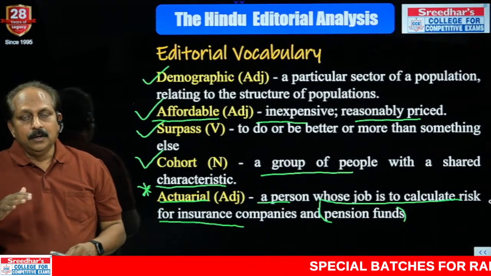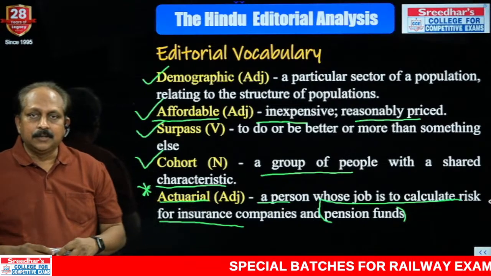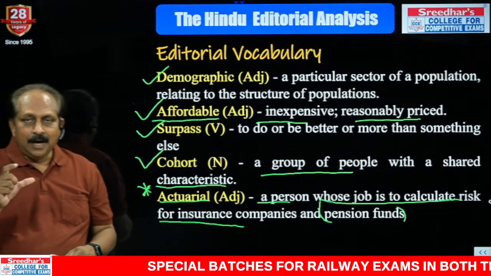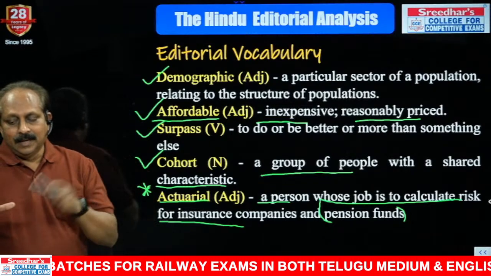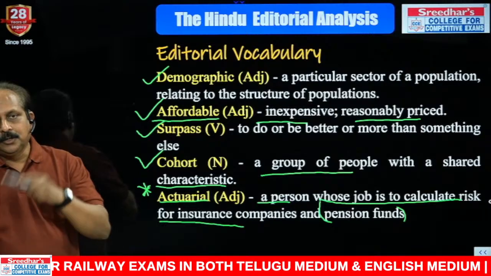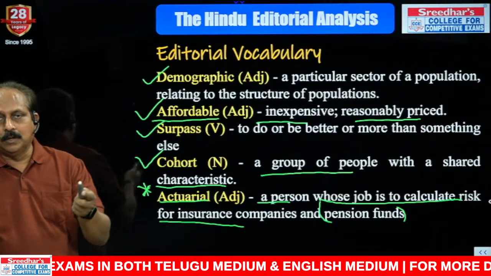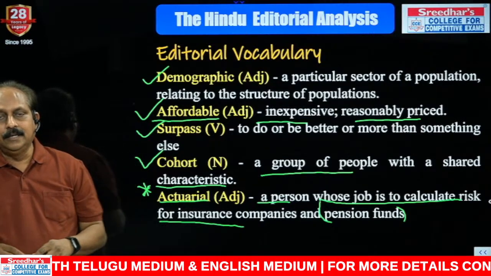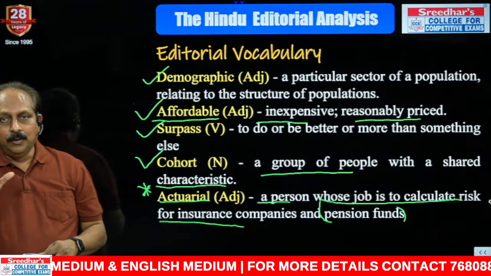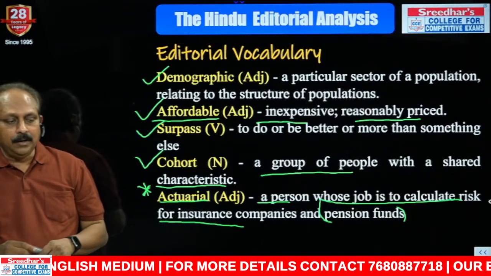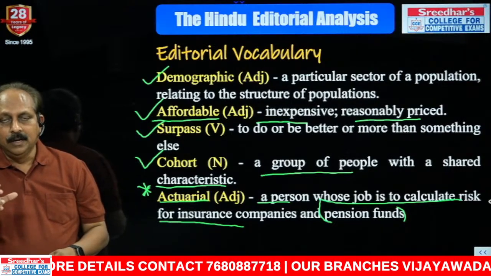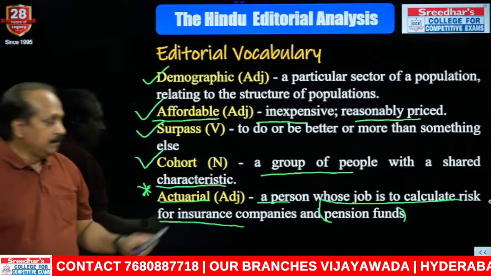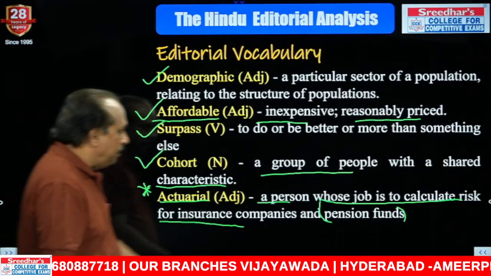On the other hand, if an old man, 60 plus, takes an insurance policy, the chances for the survival of that particular person are less. Then what happens? The company has to pay the policy amount, whatever the policy. The company is exposed to a risk. Keeping that in mind, a professional calculates the risk factor for the insurance company. The word for that particular person, actuarial. This you have to remember, in my opinion.